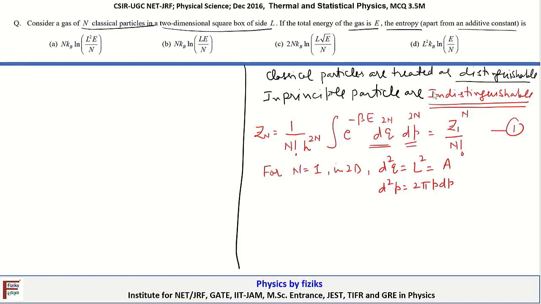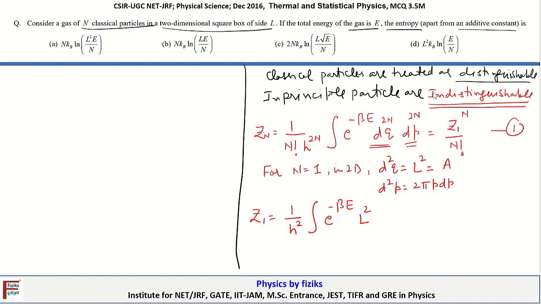Okay, so with this information we will write the partition function for a single particle as 1 by n factorial, that will give us 1 for n is equal to 1, and then 1 divided by h power 2 integral exponential minus beta E, and then we will have d2q, that will give us L square basically.